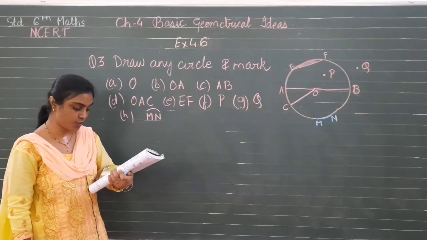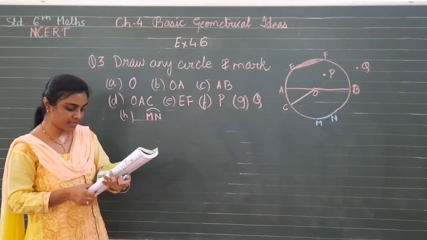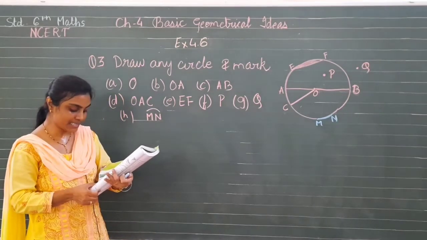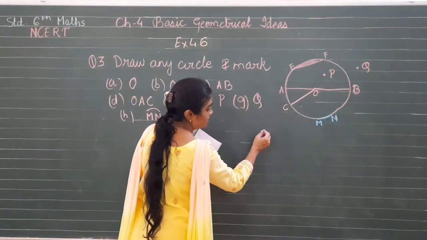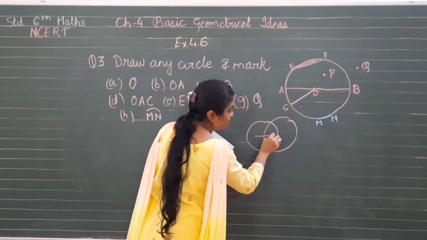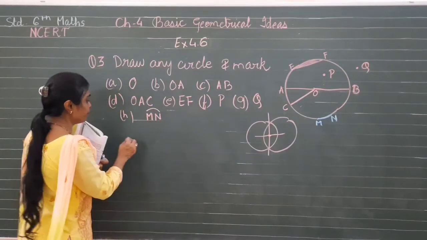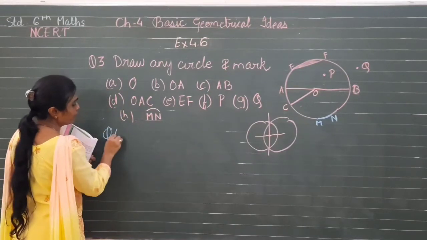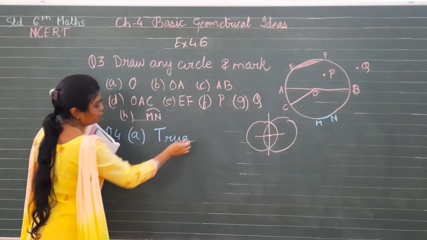4. State true or false. First one, two diameters of a circle will necessarily intersect. Yes, let us draw two diameters of a circle. They will intersect each other at a common point. So the answer for the first one is true.